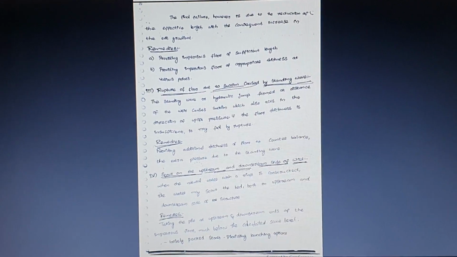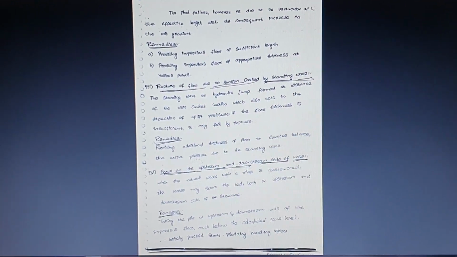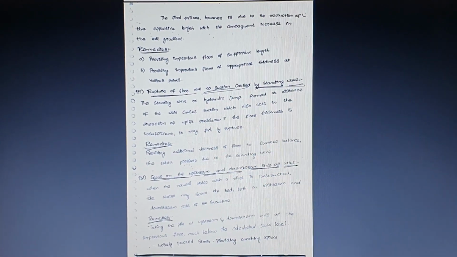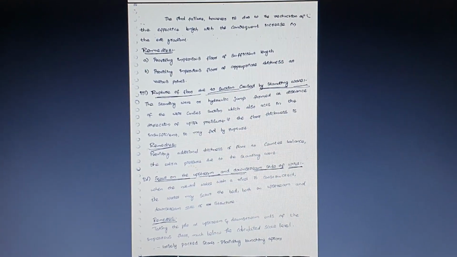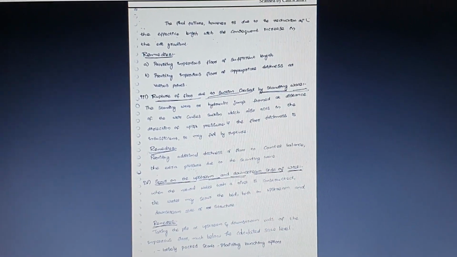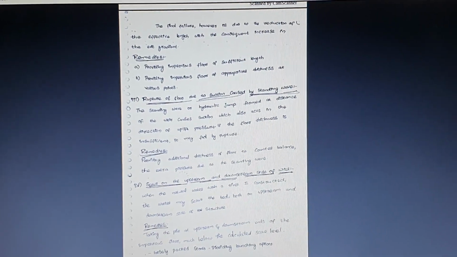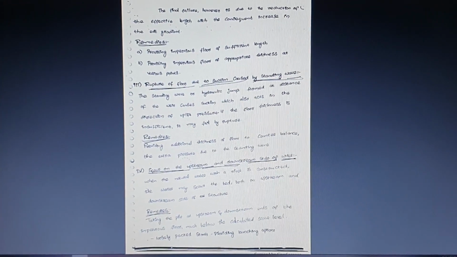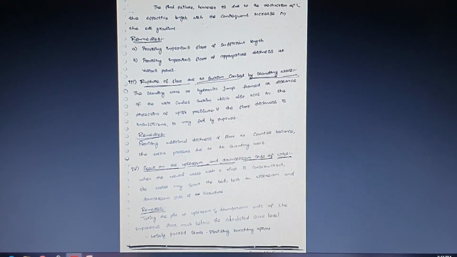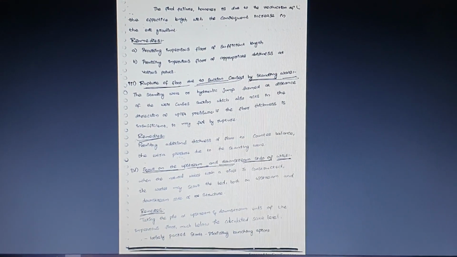Then the third failure is the rupture of the floor due to suction caused by standing wave. Among the components of the diversion head work, the main component is the weir. With the help of the weir, the water flows.